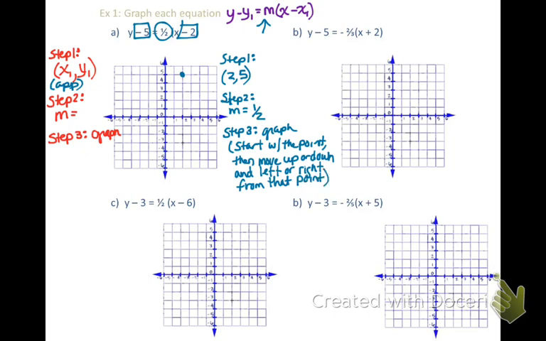So on m I have 1/2. So I'm going to go up 1, because it's a positive, and over 2. 1, 2. And I'm going to put my other point. And then I'm going to put a line through it. And there is my graph.